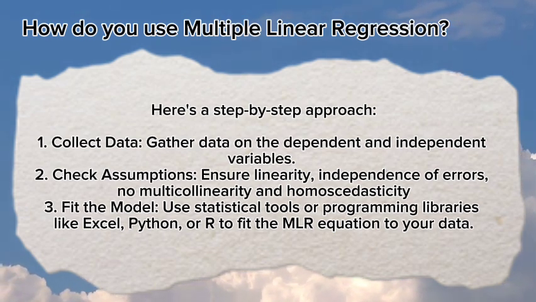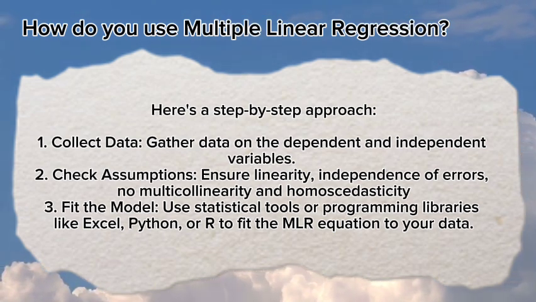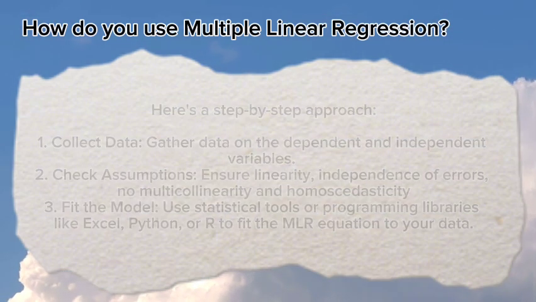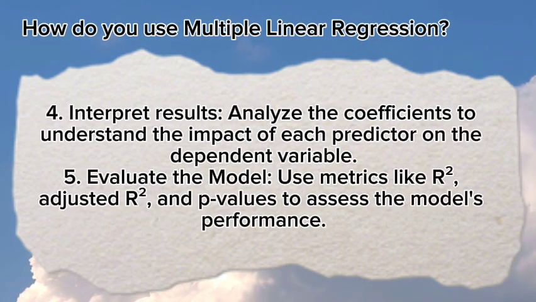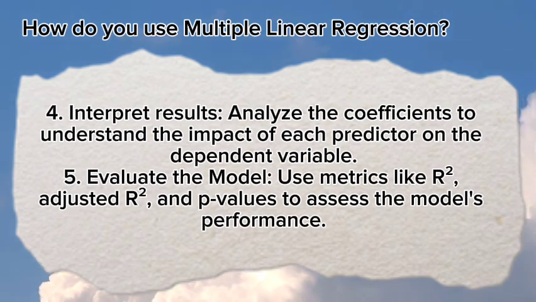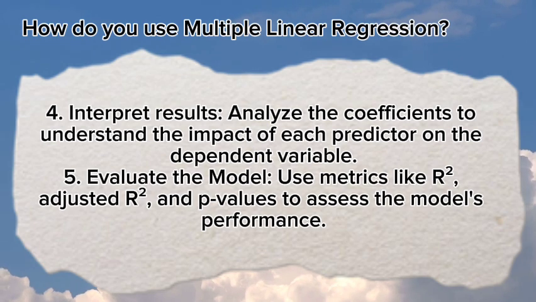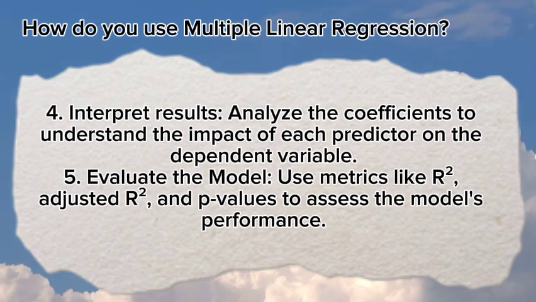Use statistical tools or programming libraries like Excel, Python, or R to fit the MLR equation to your data. Number 4, interpret results. Analyze the coefficients to understand the impact of each predictor on the dependent variable. Number 5, evaluate the model. Use metrics like R-squared, adjusted R-squared, and p-values to assess the model's performance.